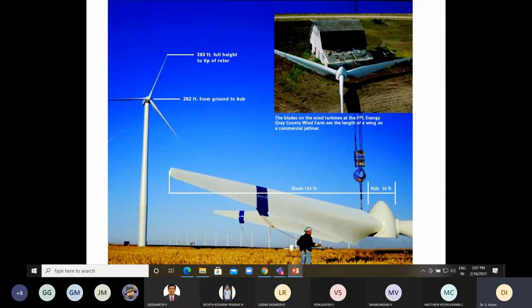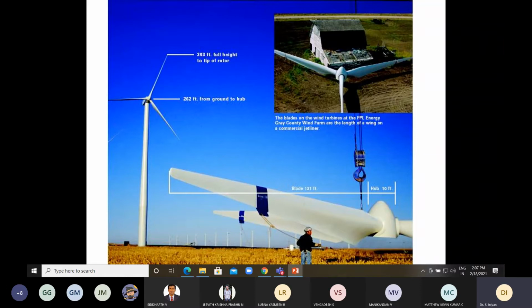The dimensions will be given for a blade: what is the length in terms of feet, and what is the hub size in terms of feet. You just note it down. The blade is 131 feet in length, and the hub is 10 feet.